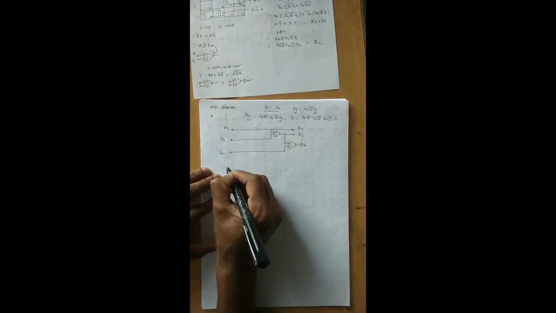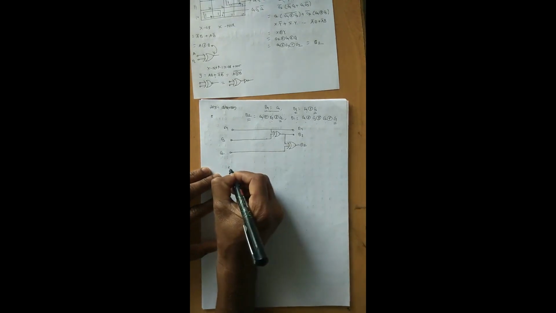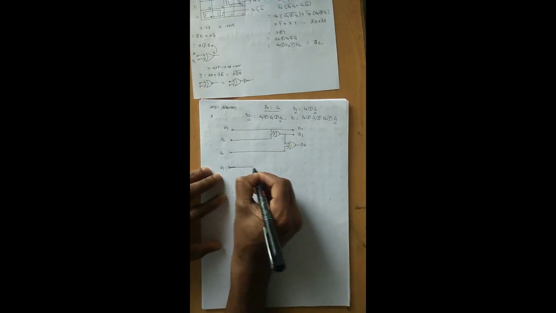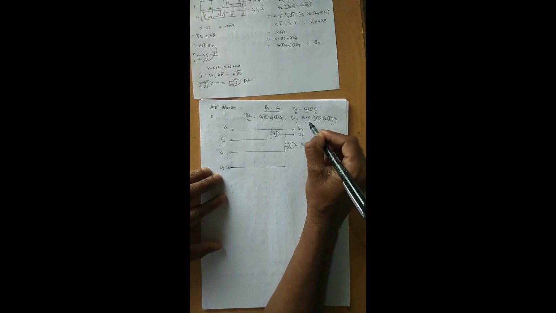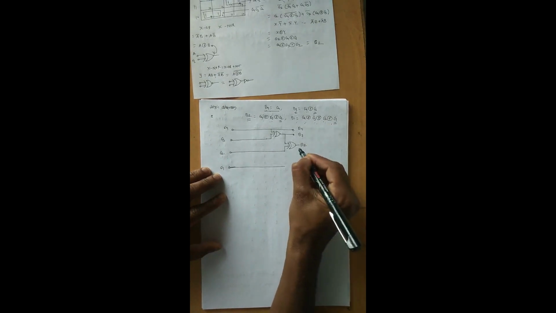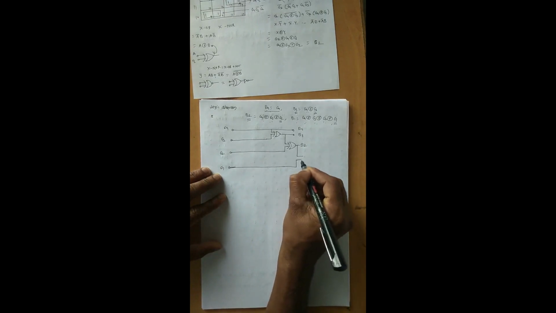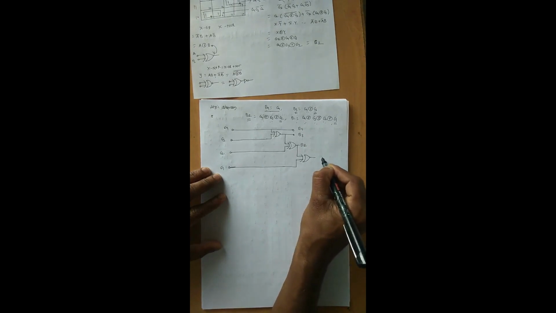And then the last one, we need output B1, so we need input Z1. So Z1 is XORed with Z2, which is XORed with Z3, which is XORed with Z4. So this will be nothing but the output of this gate, and this gives us B1.